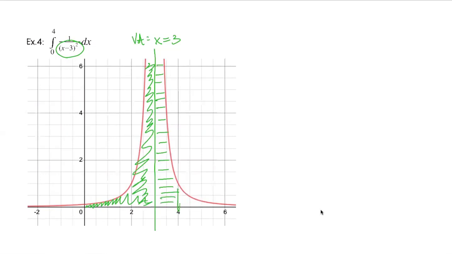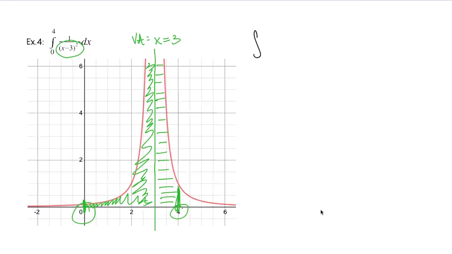Okay. So I'm stopping at 4, I'm starting at 0, but in between there's that vertical asymptote, and that's a problem. And so when we split our integral, we need to find the integral from 0 to 3, and then separately, we need to find the integral from 3 to 4.